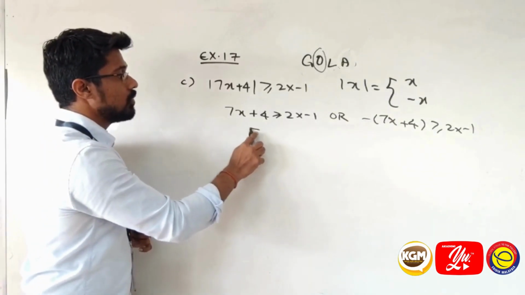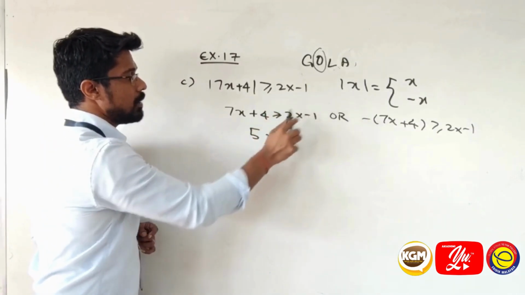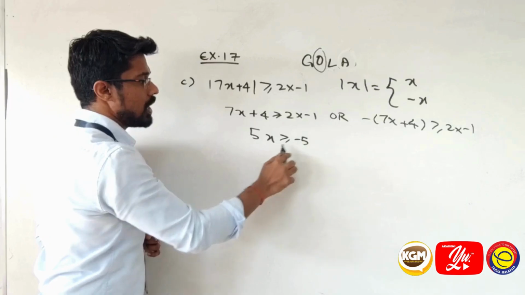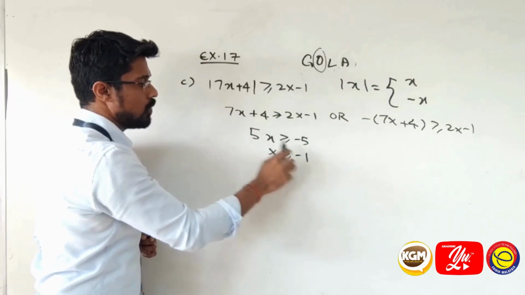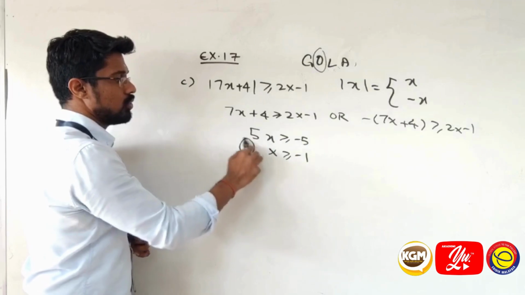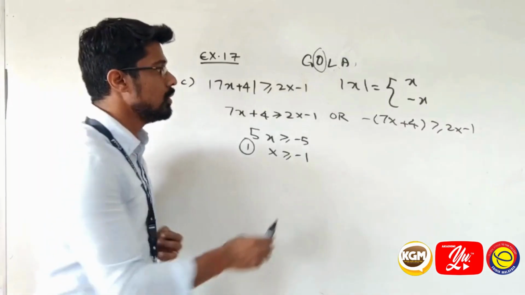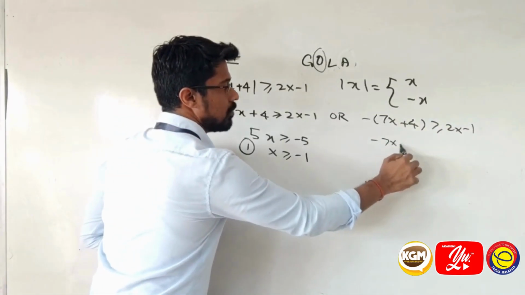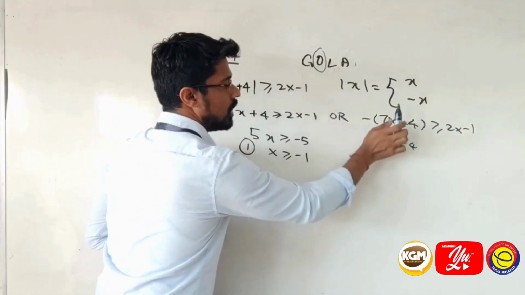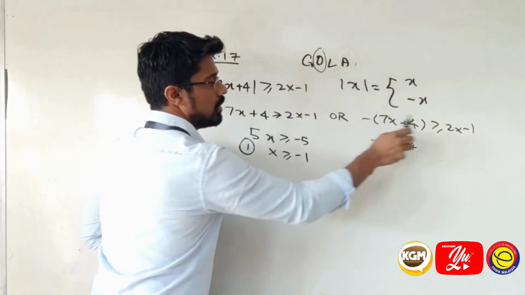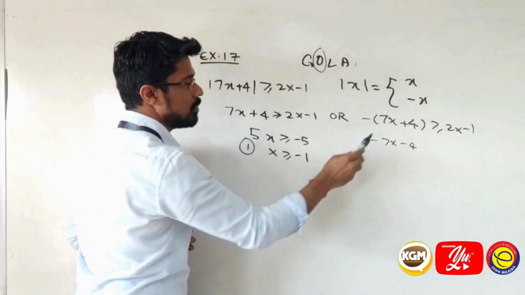So this one, 5x. This guy I pindah, become negative 5. X is greater than equal to negative 1. Question 1, solution 1. This guy here, okay, question 2. So negative 7x minus 4. Maybe some people what they do, they go and multiply and then they change sign, doesn't matter.